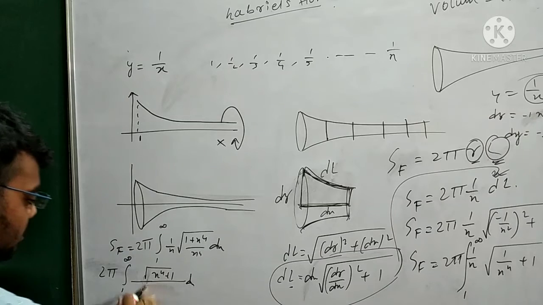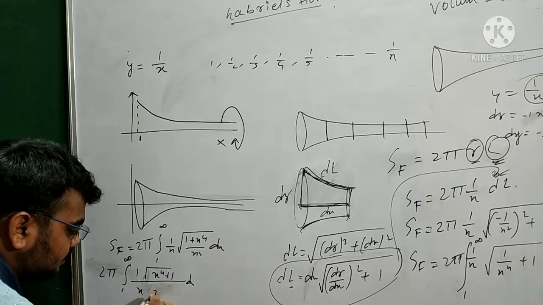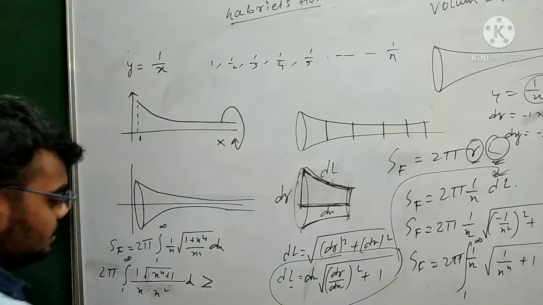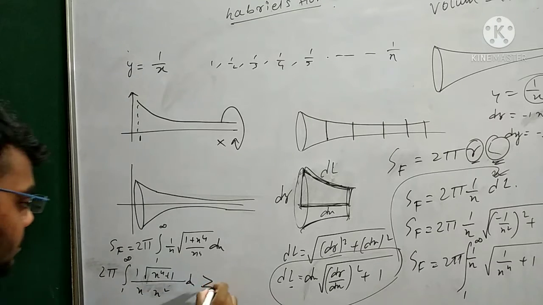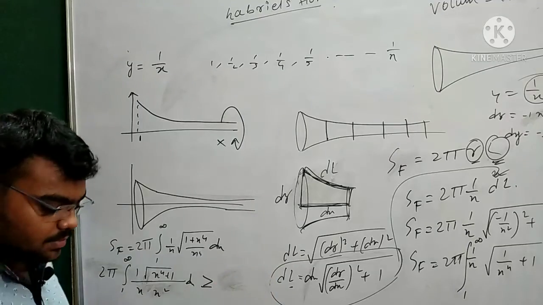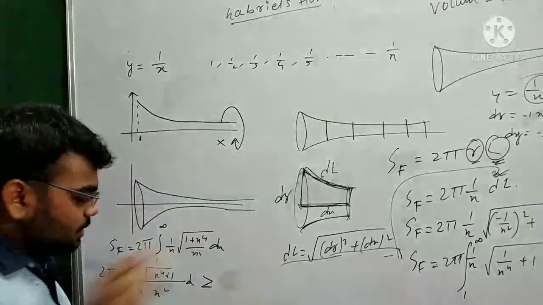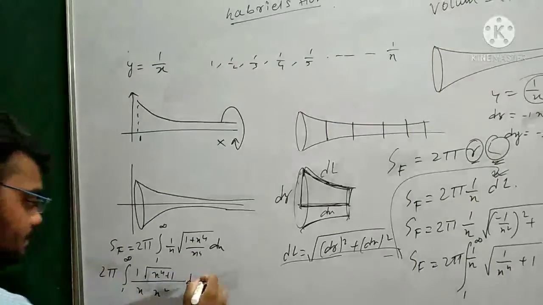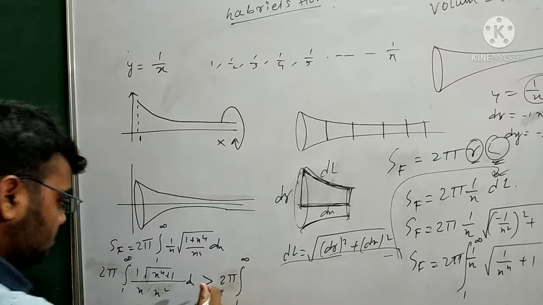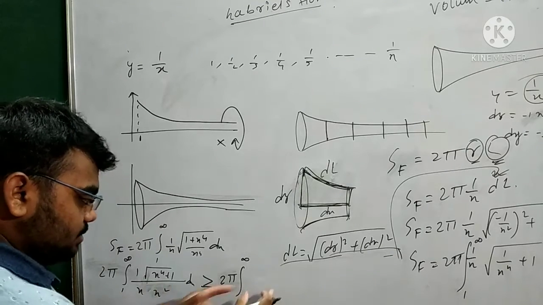Or you may take yes, no problem, if you take here, no problem at all, it will become x square. Now see, this term is always less than this term, isn't it? This term is always less than this term. Sorry, it will be always greater than this term.